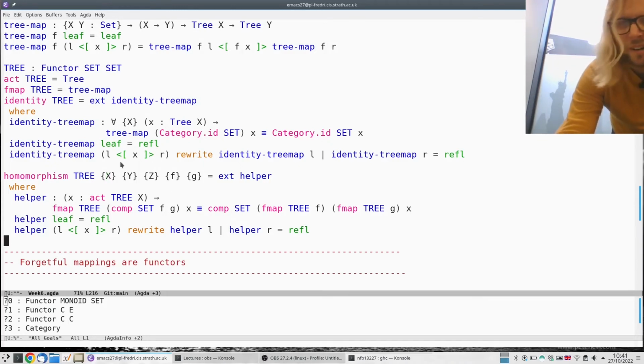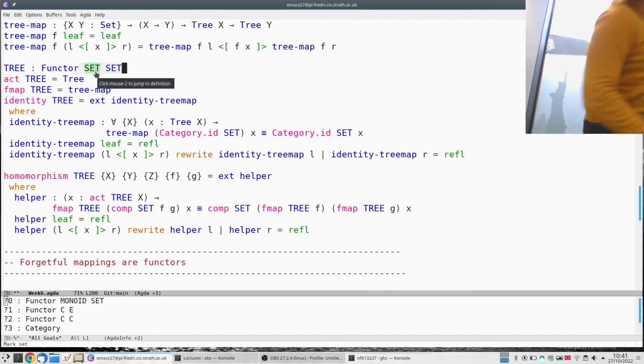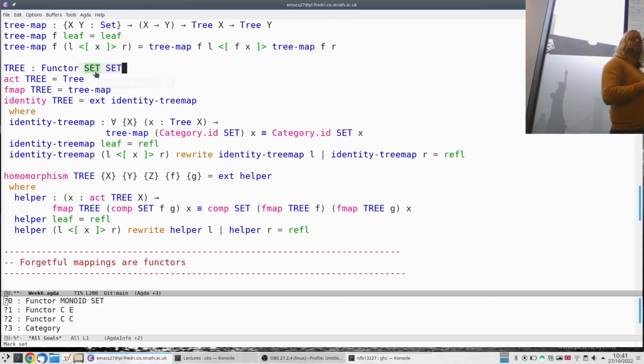Okay. So in Haskell, all functors are basically of this form, right? They take some data type, which is a functor from set to set, and it's a container thing, and then you can apply the function inside the container.